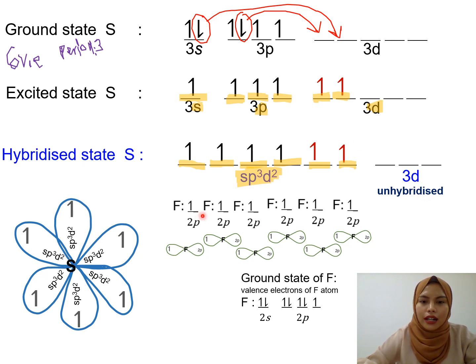Okay, so this is how your hybrid orbital S looks like, bentuk octahedral, dan ada satu single electron yang dah get ready nak mingle, single ready to mingle with the single electron yang berada di valence electron 2p orbital of F. Okay, so supaya dia dapat 6 sigma bond.